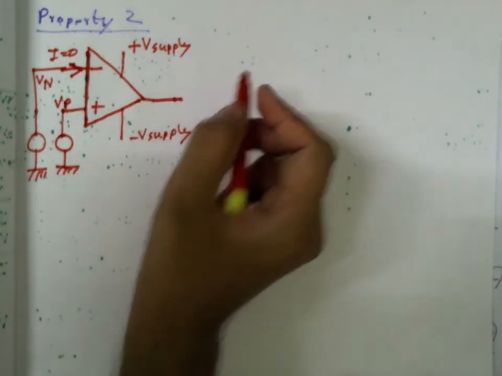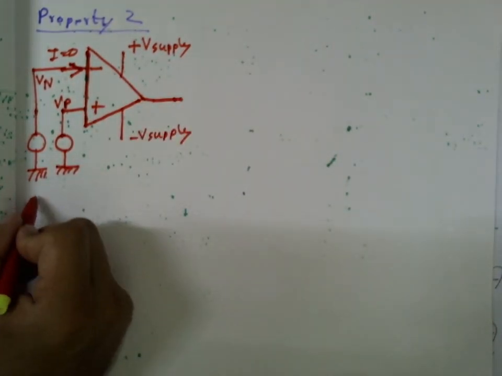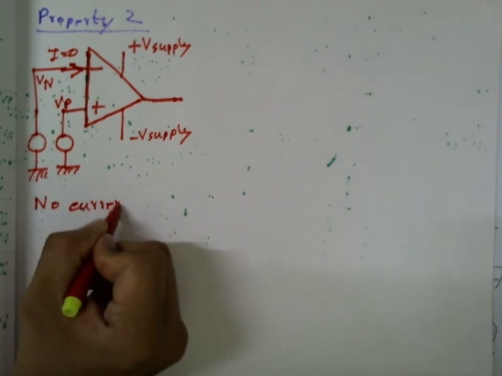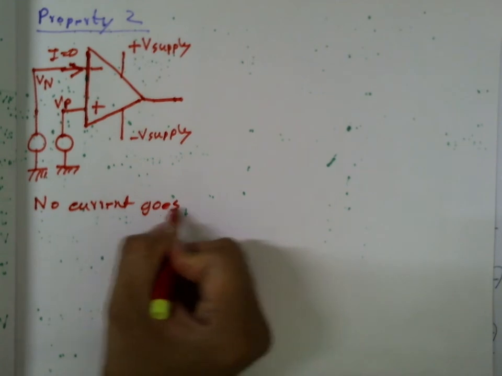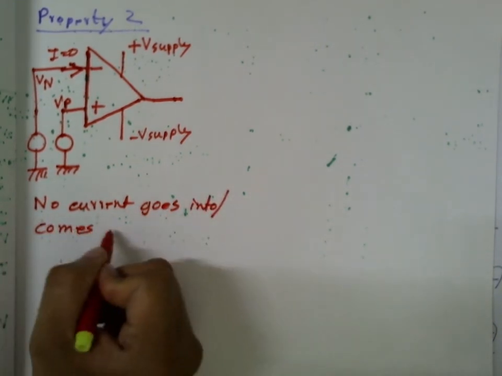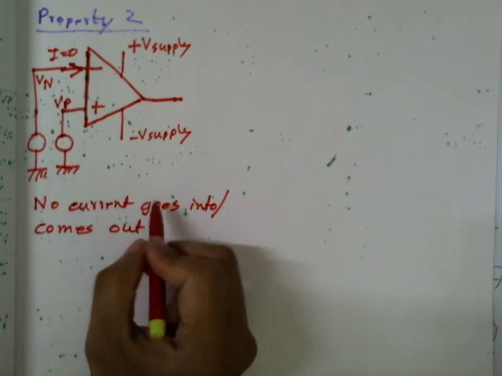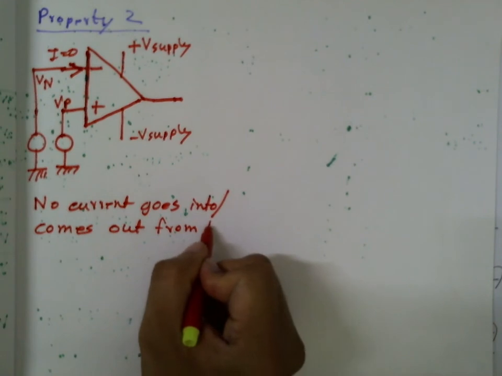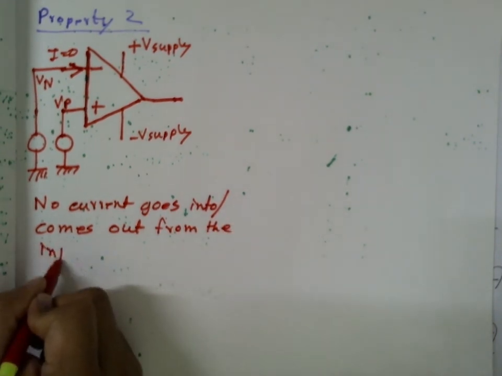So this property, let me write it: no current goes into or comes out from the input terminals.